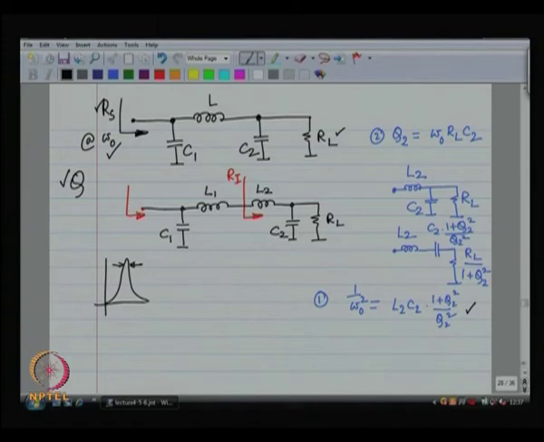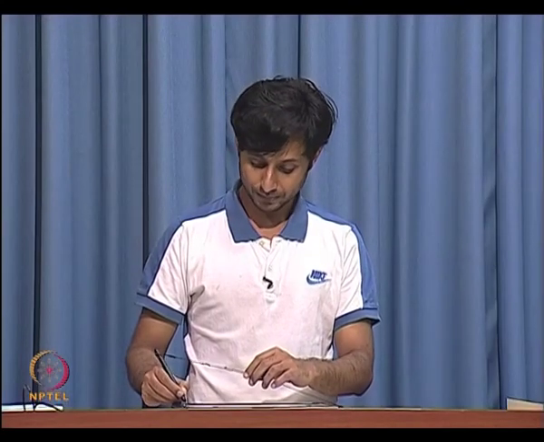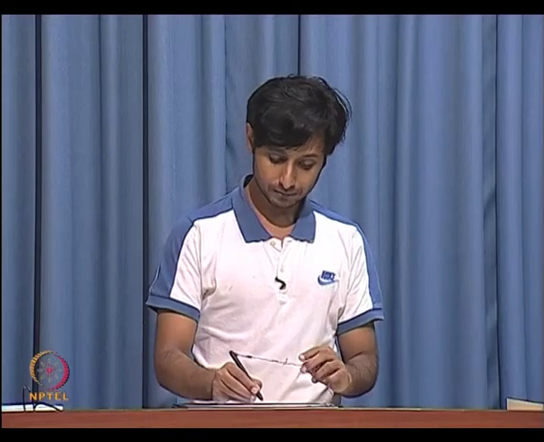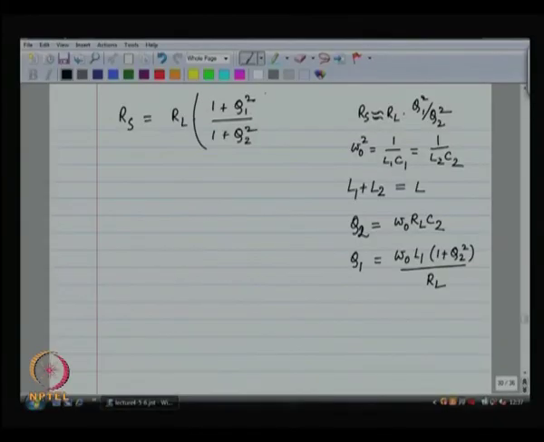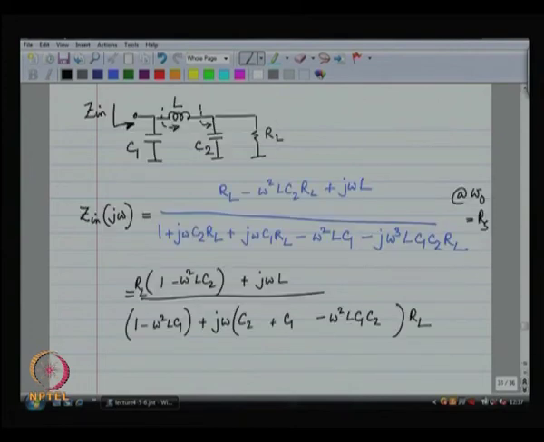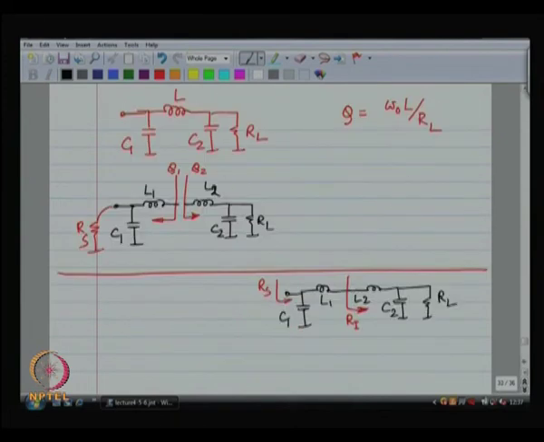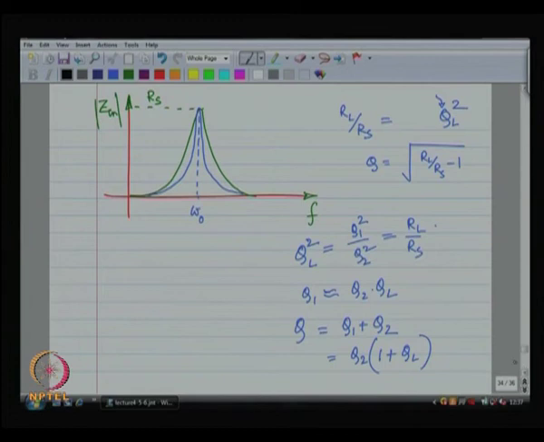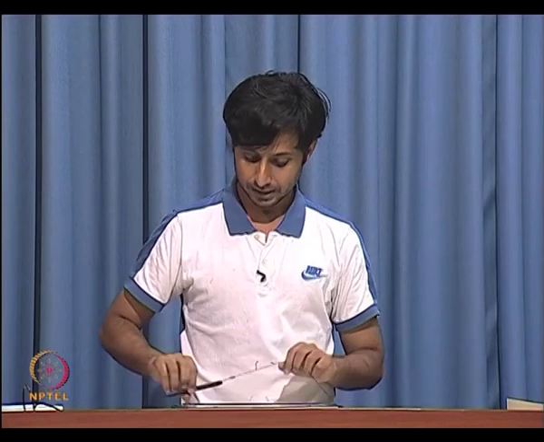So, the net transformation ratio was 1 plus Q 1 squared by 1 plus Q 2 squared. This was the net transformation ratio that I was going to work with, and as a result I found that the Q that I can get from this is much more than the ordinary Qs that I can get with the straightforward L match. So, this is the lesson learnt from this.